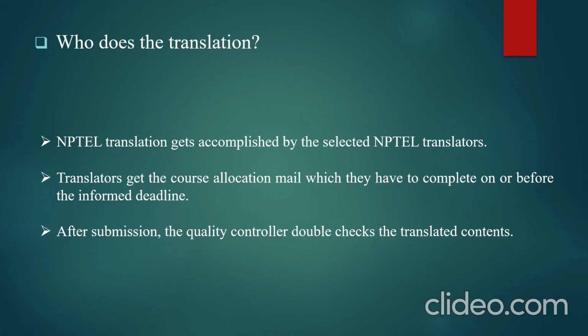Then the translators get the course allocations and they have to submit the same on or before the mentioned deadline. So the translation team gives the deadline also. Before that, the translator has to submit their course allocations with proper documentation.